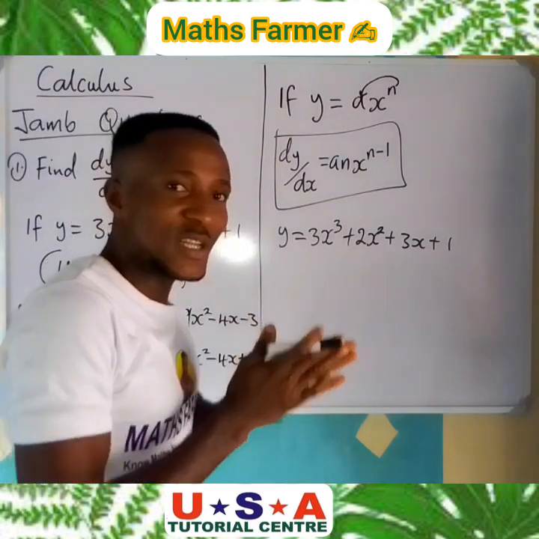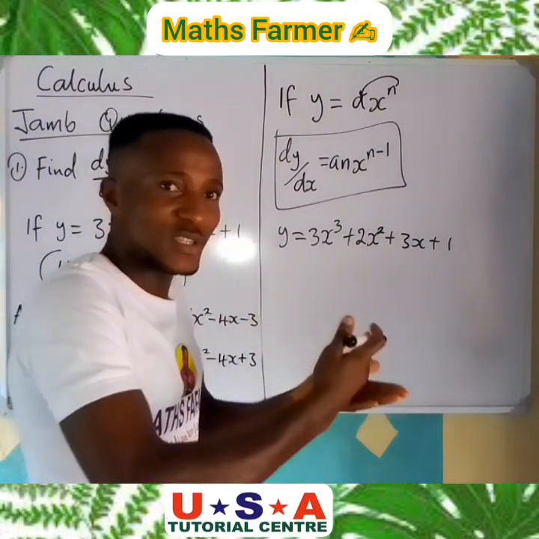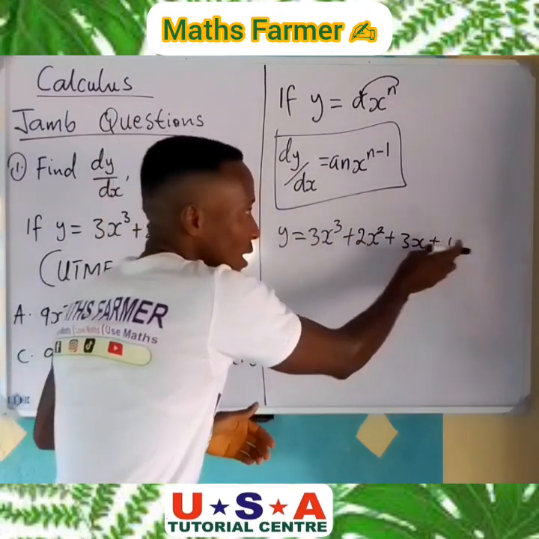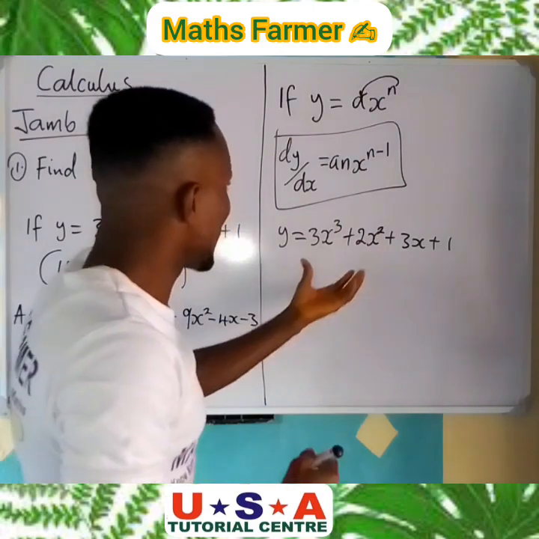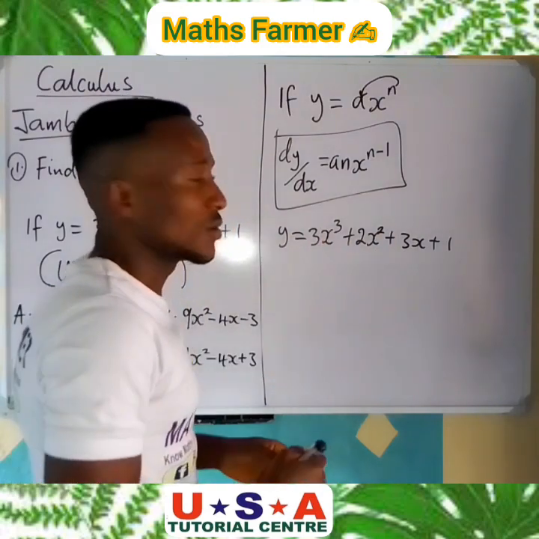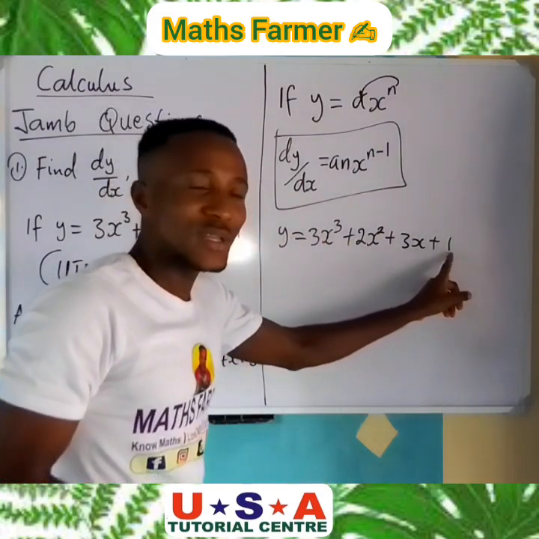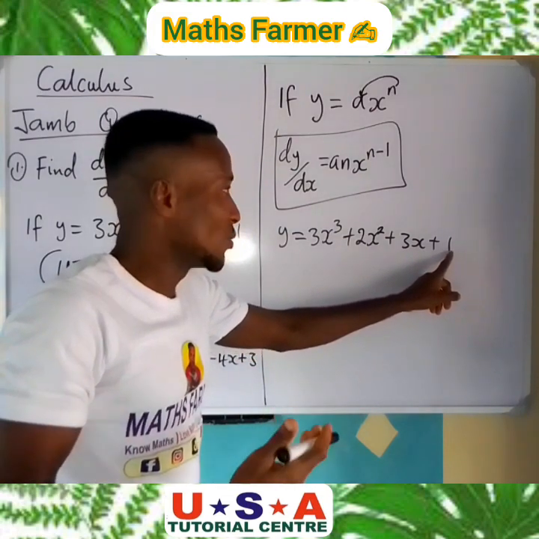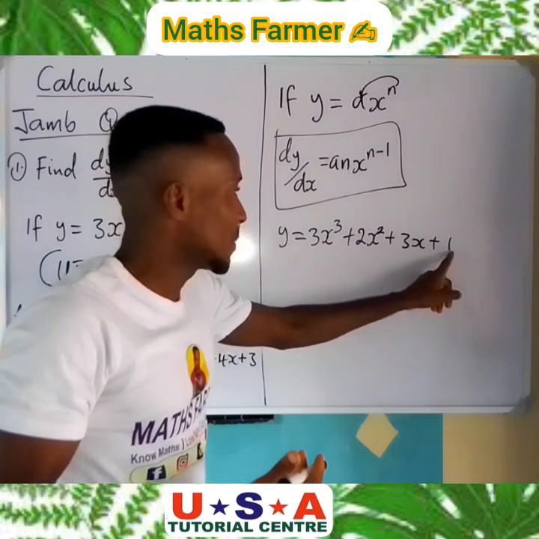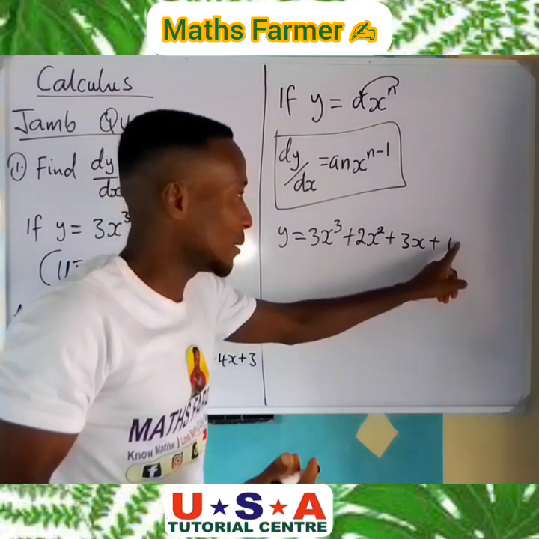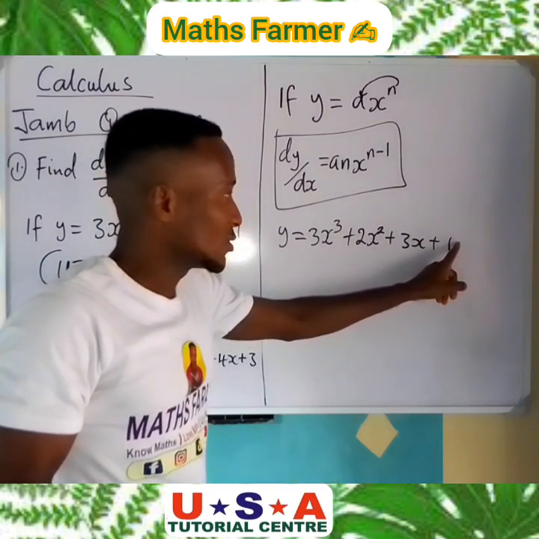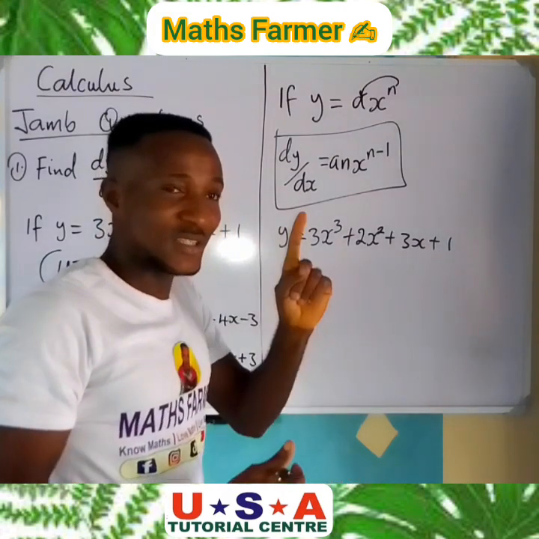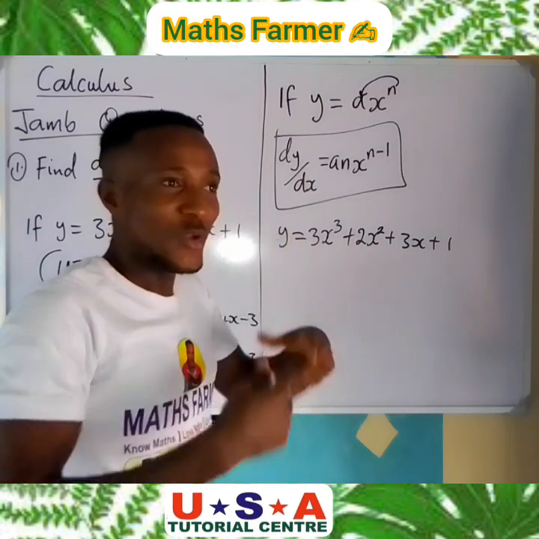So we have to differentiate them one after the other. You differentiate the first term, you differentiate the second term, you differentiate the third term, and you differentiate the last term. And if you watch here, they are all algebraic functions, except this one that is what? Constant term. A constant term is a term without an alphabet. You can see here, there's no x in front of or behind the 1 here. So the 1 here is a constant term. Of course, you know, when you differentiate a constant term, that's a number without an alphabet, you are going to get what?